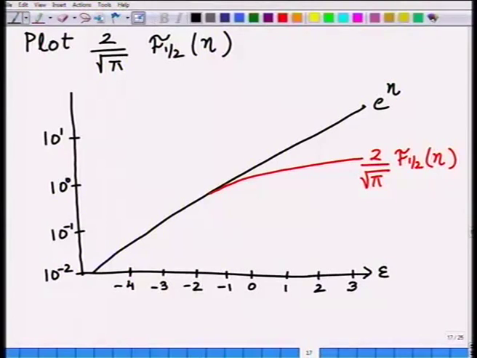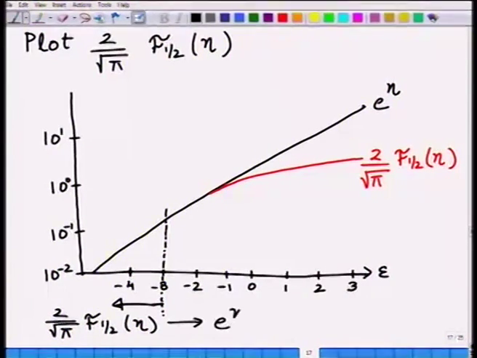What do we see? We see that, let us be more conservative, up to here, for all the eta values in this direction, in this range we can find that 2 over root pi times the Fermi-Dirac integral of order half of eta is approximately equal to e to the power eta.